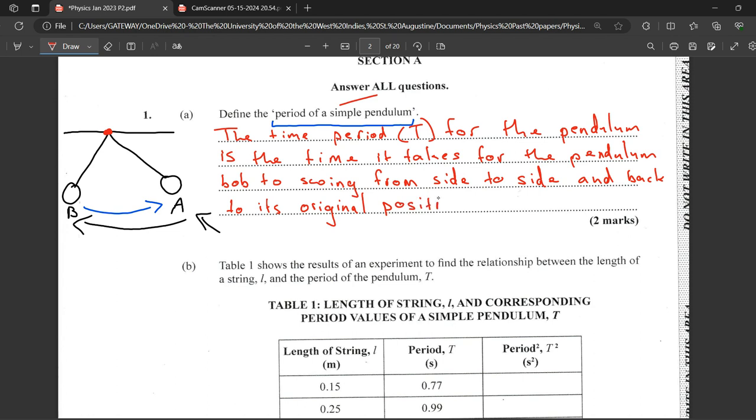So you could say it is the time it takes for the bob to swing from A to B and then back to A.